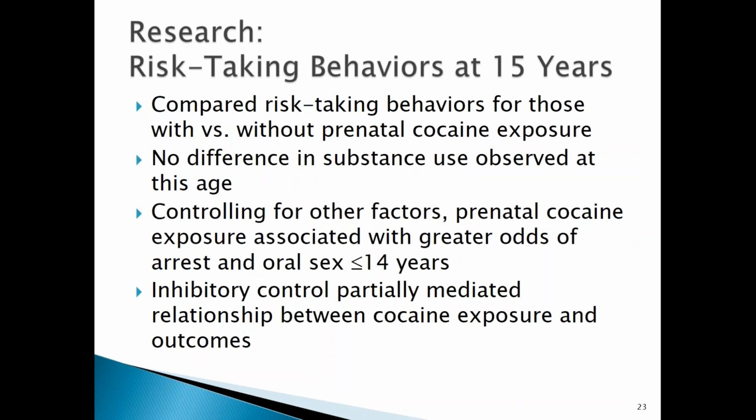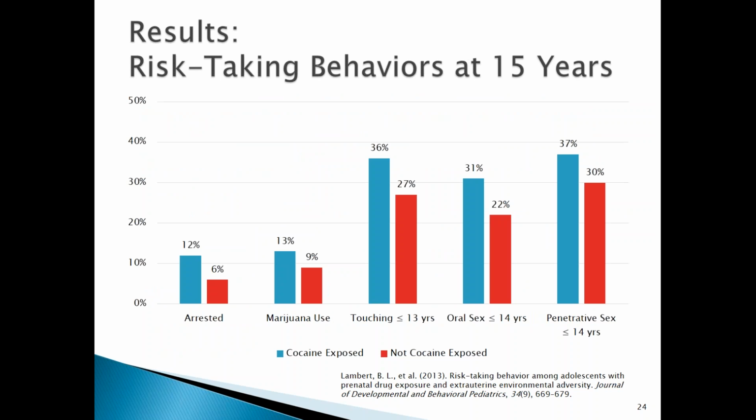So here's another example of how we use this data. We are specifically interested in looking at risk-taking behaviors at 15 years and whether those varied by those with versus without prenatal cocaine exposure. You're probably getting the idea by now that the primary interest of ours is outcomes by cocaine exposure. So looking at the next screen, I've shown some of the outcomes that we looked at.